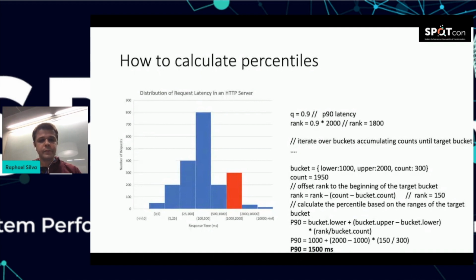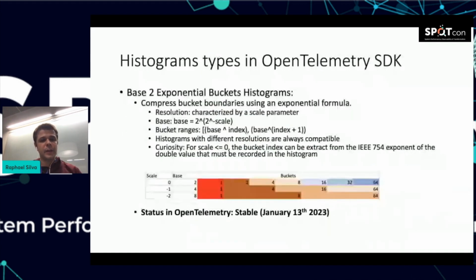So the other type of histogram is the base 2 exponential histogram. As I mentioned, this one compresses bucket boundaries using an exponential formula. So how does it work? You have to define a resolution for this type of histogram that's characterized by a scale parameter. The scale parameter will allow you to calculate the base of the histogram.